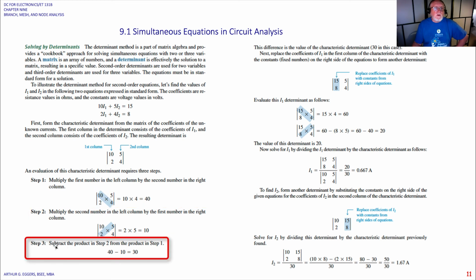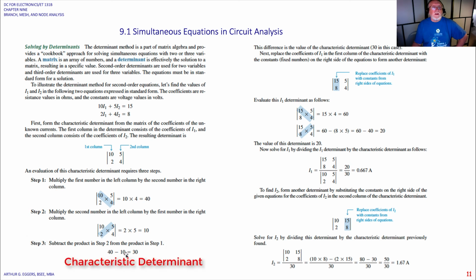So subtract the product of step 2 from the product of step 1, and we get a value of 30. So that gives us our first determinant. This difference is the value of the characteristic determinant, 30 in this case.